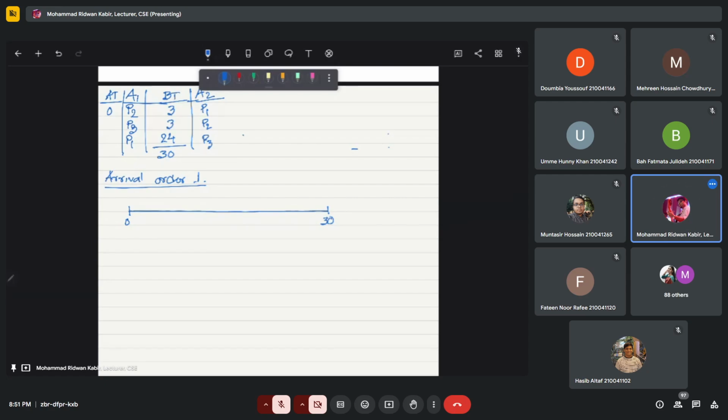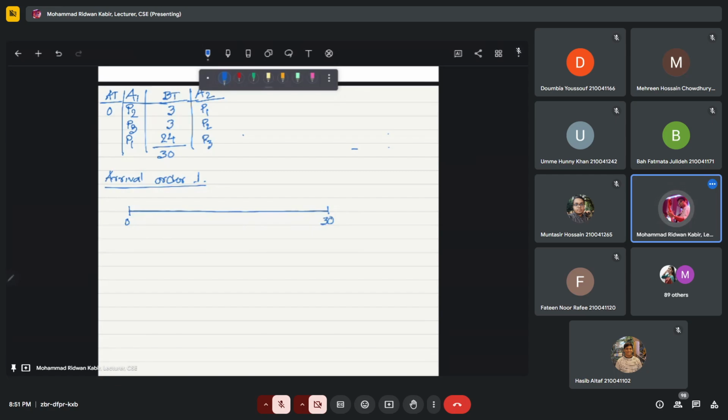And if by any mistake, or lack of attention, you find that the last tick does not correspond to the summation of the burst times of all processes, that is a pure indication that you have made a mistake somewhere in your timeline.